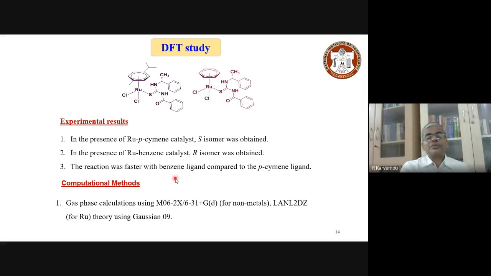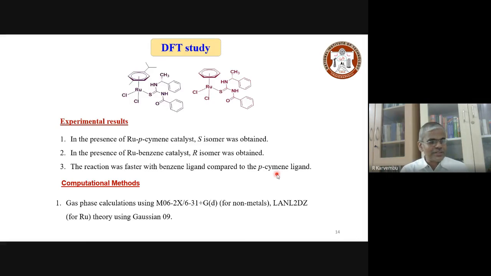The reaction was faster with ruthenium benzene compared to the parathymine ligand, right? To understand this, we required collaboration. That is the main point here with respect to the title of my talk.